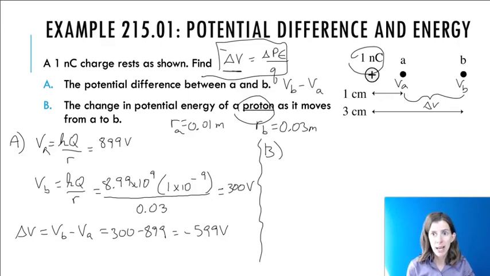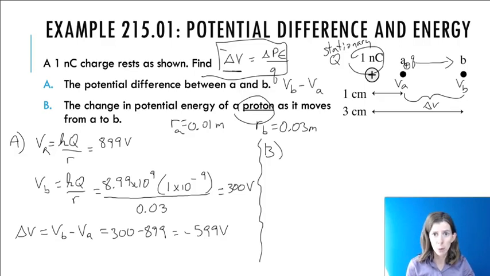So what's happening here is we have a proton, that's our little q, that is moving from A to B. So keep in mind, for this part, this 1 nanocoulomb is not relevant anymore. It definitely is relevant in the fact that it produced the potential at these points. But now we're looking at the change in energy of a proton as it's moving. So this nanocoulomb charge is stationary, right? It's not moving. This is the charge producing the potential, and the little q is the one that is moving and experiencing a change in potential energy.